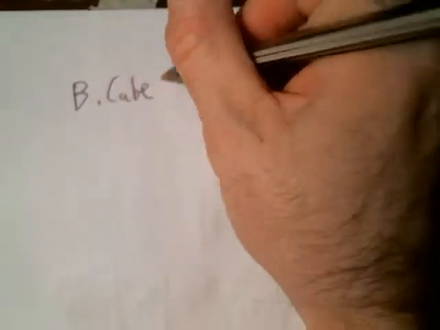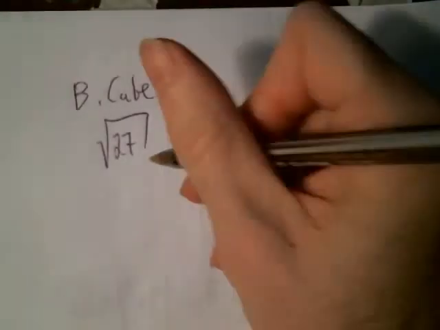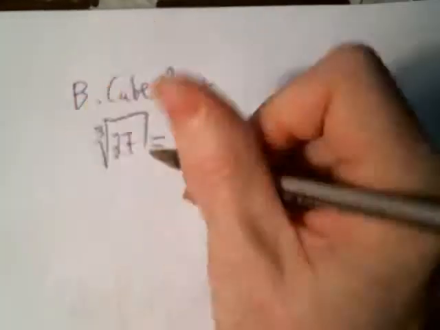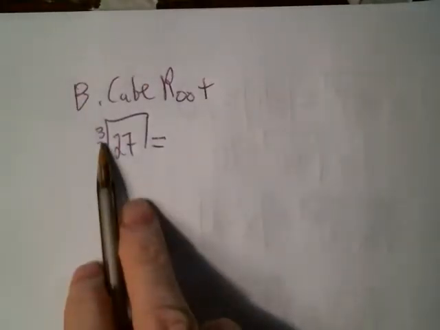So that's the cubing process, and of course we are interested then in the reversal of that process, the cube root. Okay, so the cube root: before, 3 cubed was 27, so therefore the cube root, you're going to know it's a cube root because there will be a little number there.